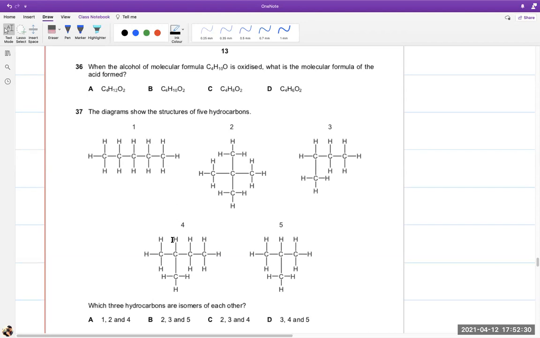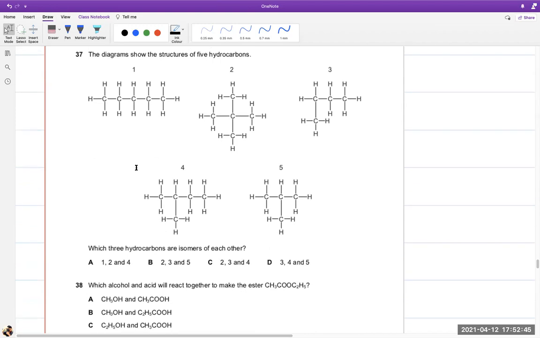You remove 2 hydrogen, you add 1 oxygen. So it has 1 oxygen, they will become 2, and it has 10 hydrogen, it will become 8. That is how you oxidize, and that is how you form carboxylic acid.